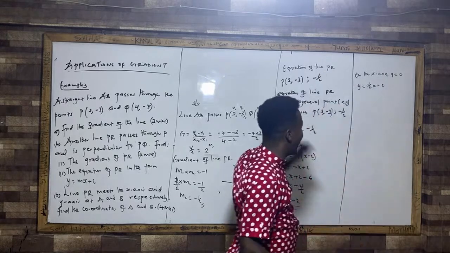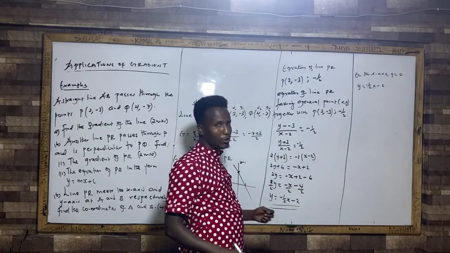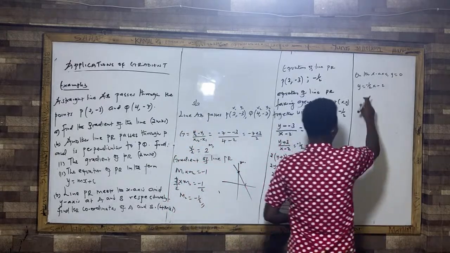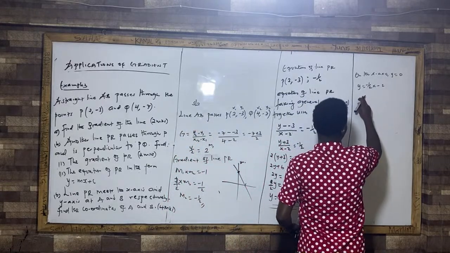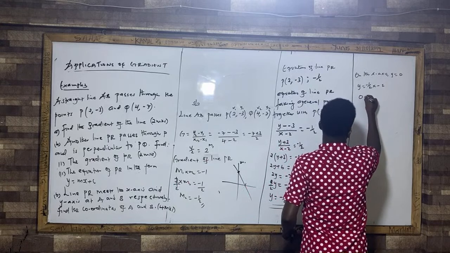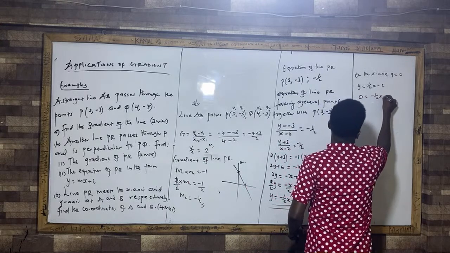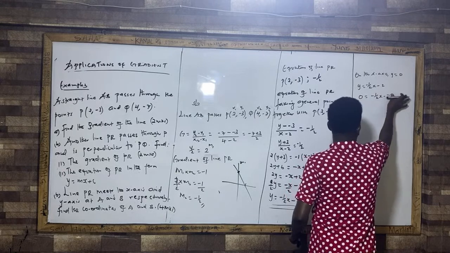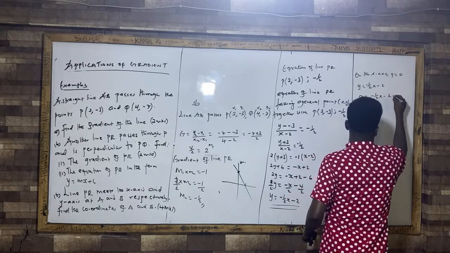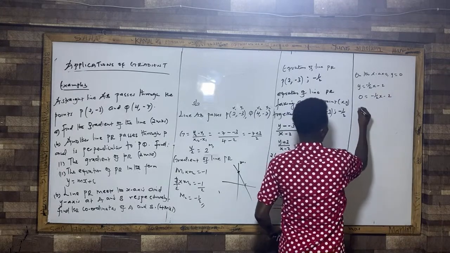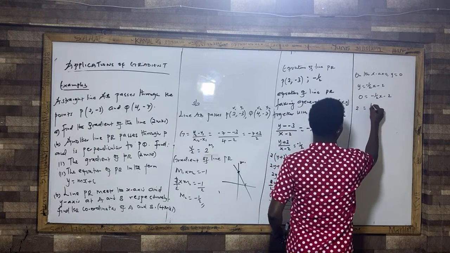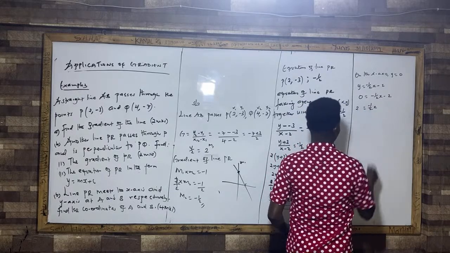So you said on the x-axis, y is 0, which means the position of what? The position of y will be 0. So we'll have 0 is equal to negative half x minus 2. Okay? Minus what? Minus 2. So take this 2 to this side.